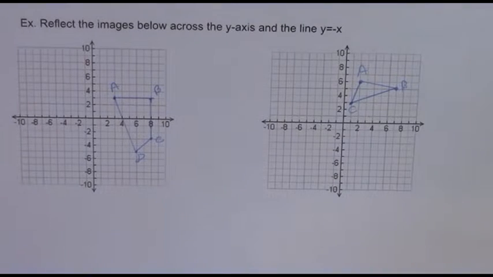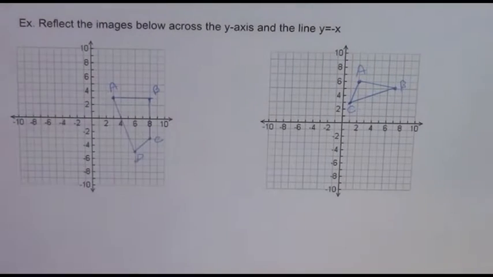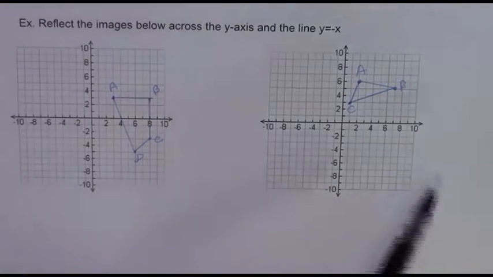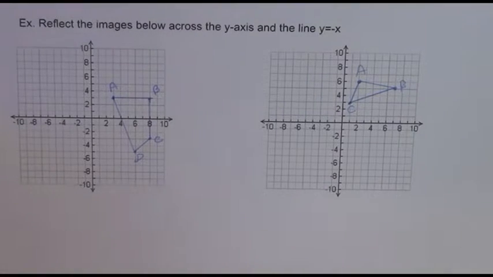Now when given pictures, or images, I handle them about the same way. Reflect the images below across the y-axis for the first one, and the line y equals negative x for the second. So we have a quadrilateral, we have a triangle, and we go back to our rules.